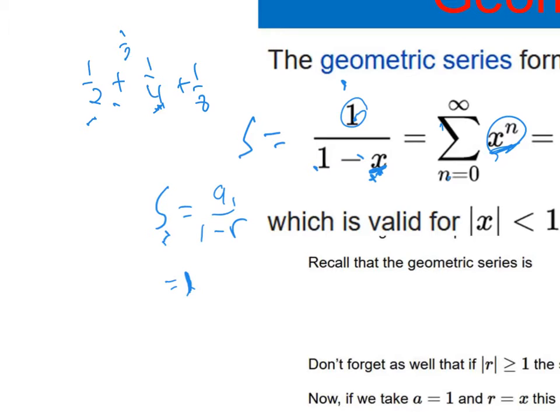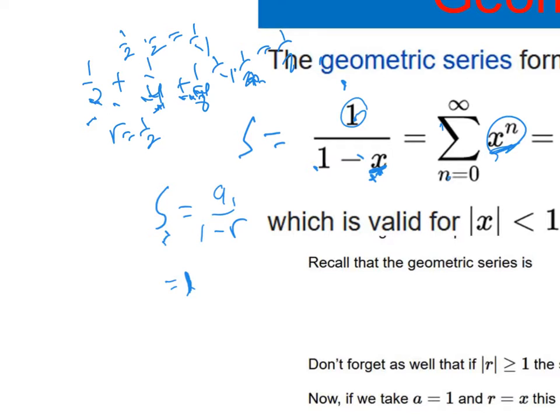So 1/2 times 1/2 gives me the 1/4. 1/4 times 1/2 gives me the 1/8. So r was 1/2, remember? So to get to the next term, you multiply by r. To go backwards, we find r by dividing them. That's how we get the r.